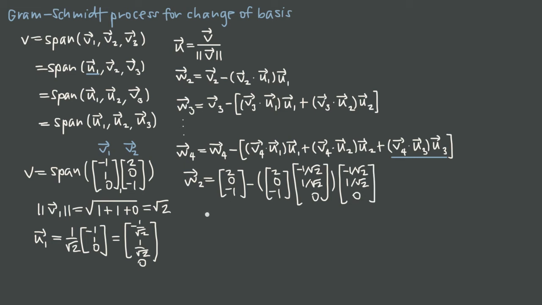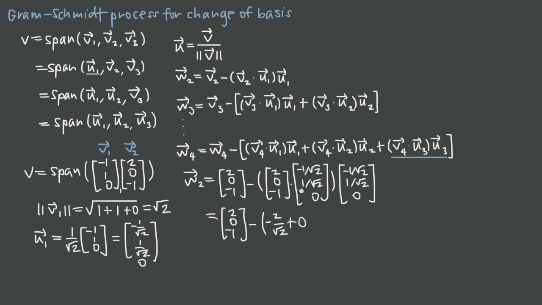So when we simplify here, we'll take the dot product inside the parentheses first. So we'll say 2, 0, -1. And then we'll subtract from that. Here we have 2 times a -1 over root 2. That's a -2 over root 2. Plus 0 times 1 over root 2 is plus 0.